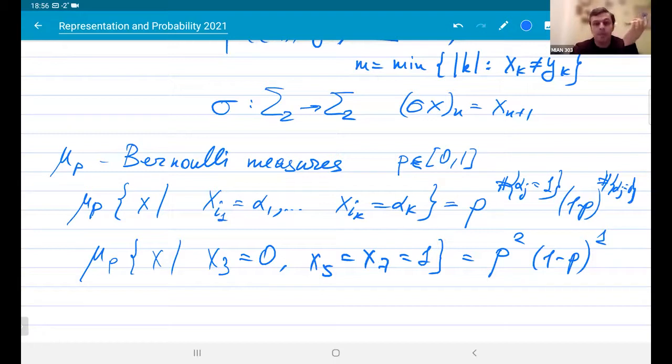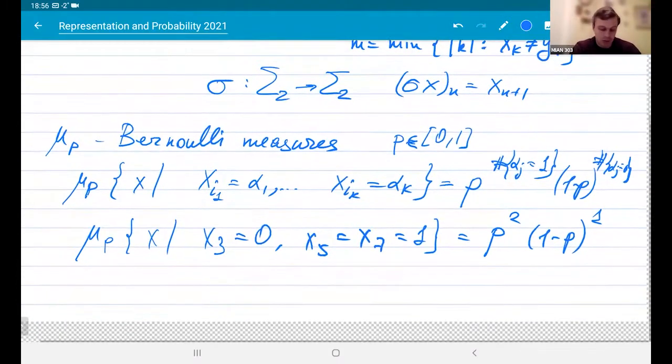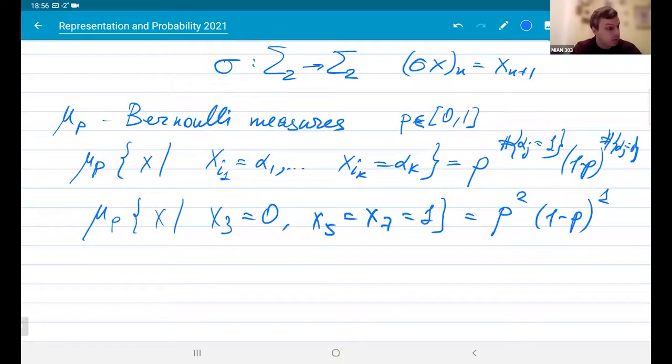That's it. And the probabilistic interpretation is also clear. You can just consider each x_k as a flipping of a coin, and then the results of this flipping are independent, and the result equal to 1 has probability p. So it is exactly the Bernoulli scheme from our usual probability course.